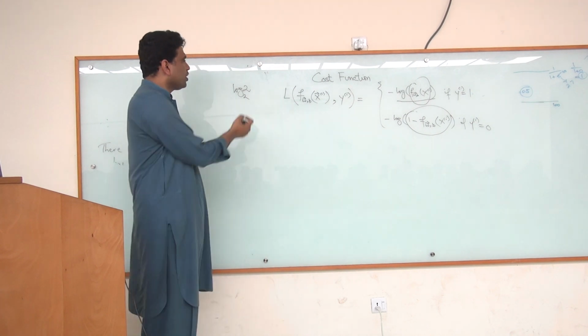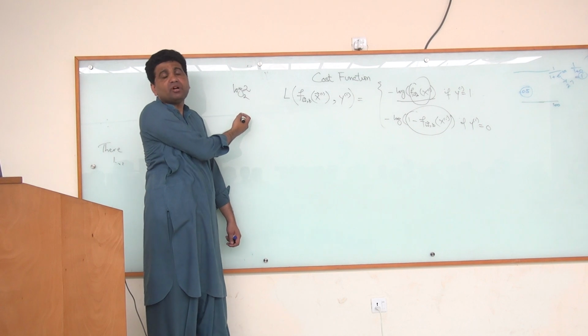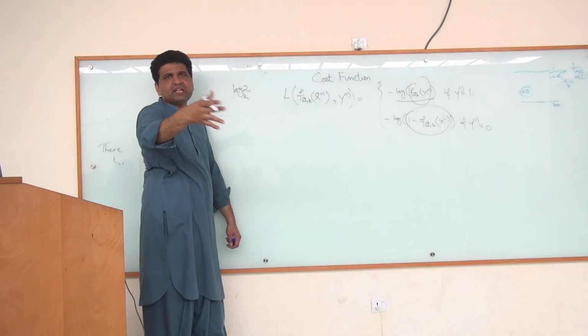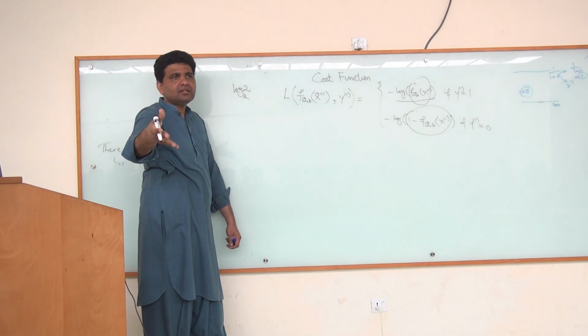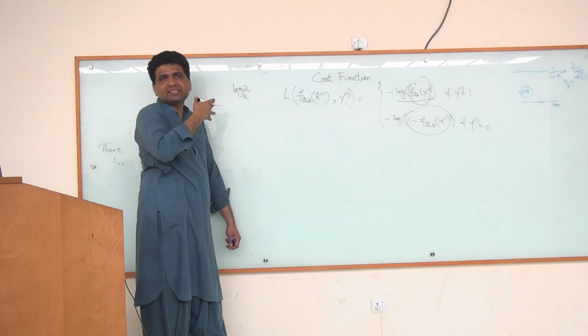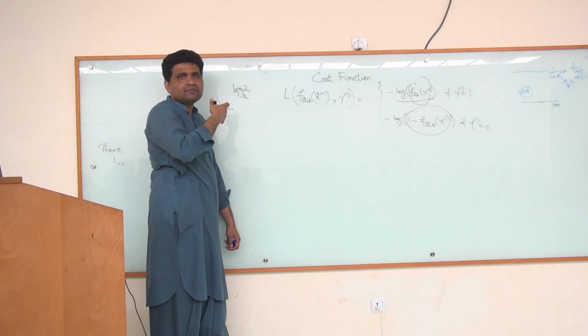So I'm saying log 2 base 2. I'm not saying log 2 base 10. So usually the default base that the calculator is using is 10, but I'm talking about log 2 base 2. So what is this? 0.3.